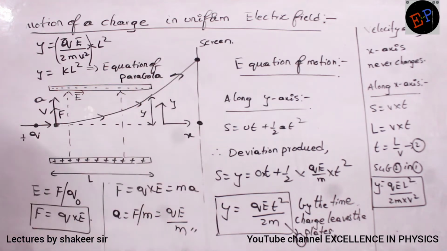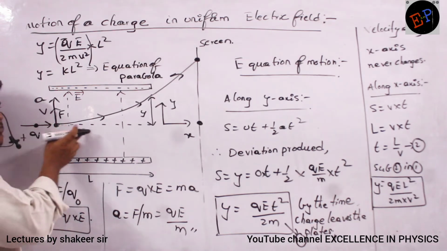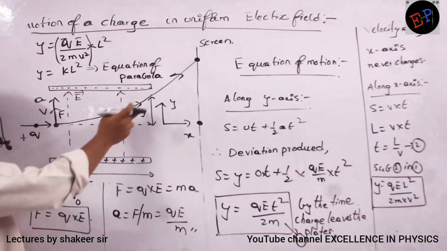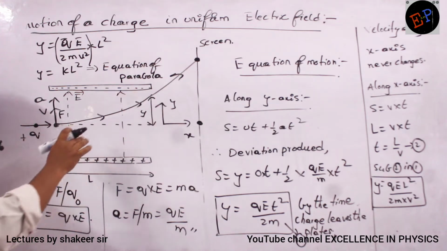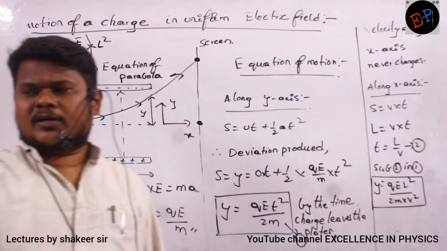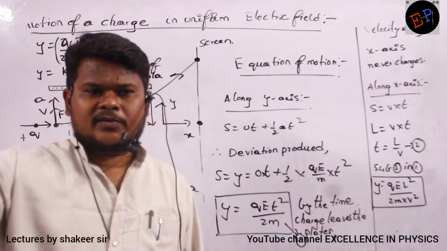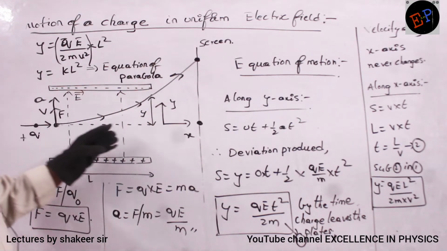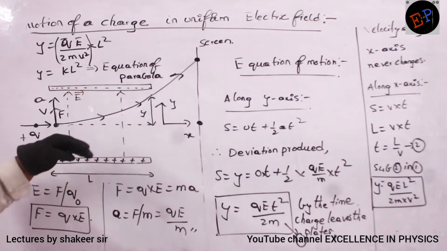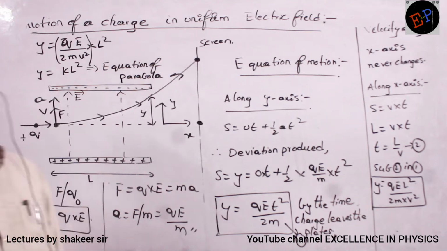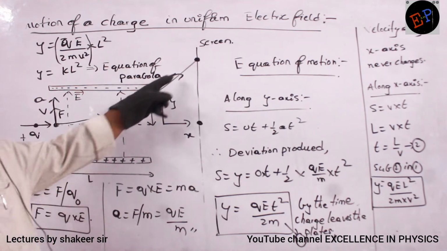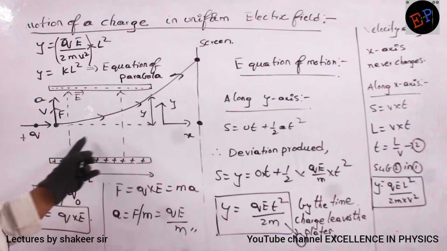So what do we understand? We understand that this charge is moving in a parabolic path, just like two-dimensional motion. If I throw a stone from the ground, it traces a parabolic path, no? So this charge also traces a parabolic path as far as it is present between the plates. Outside the plates it is not a parabola, it is a straight line. Only up to here it is a parabola.